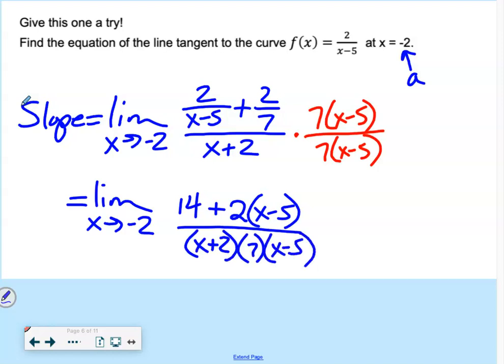Here's my question of the day. Let's see how good you are at algebra. Pranav, how are you? Do these x minus 5s cancel? No? Are you sure? It would make life so much easier if they cancel. They don't.